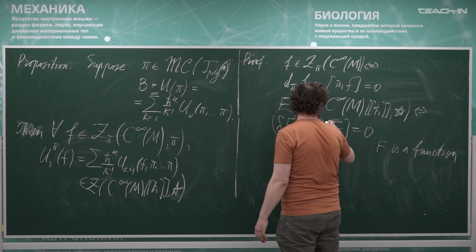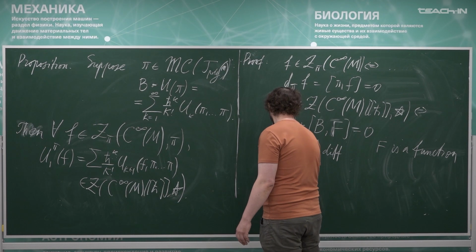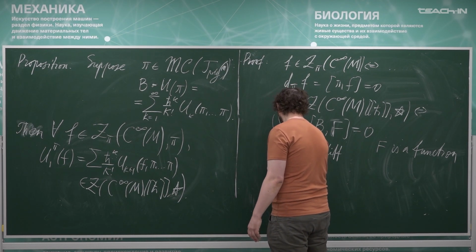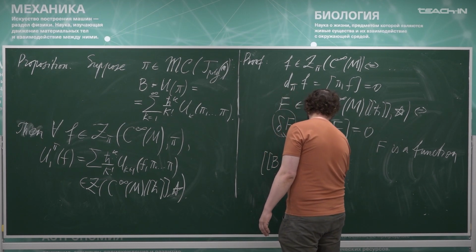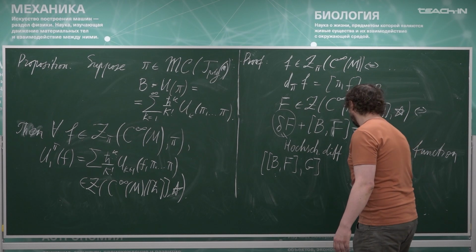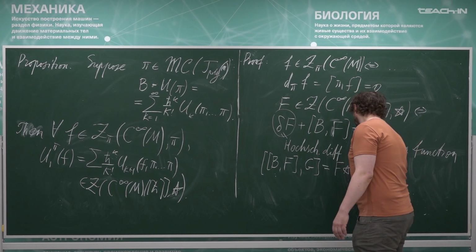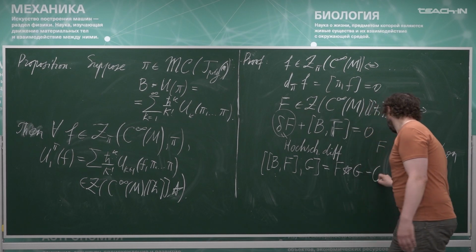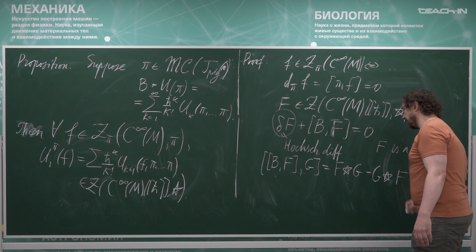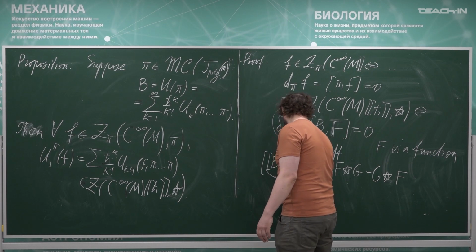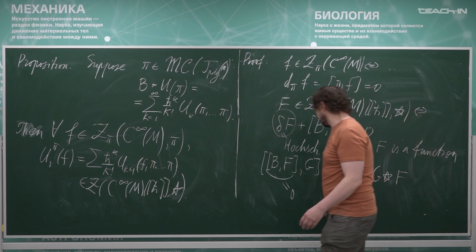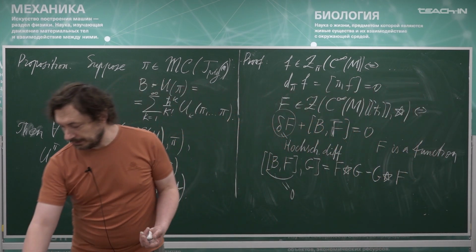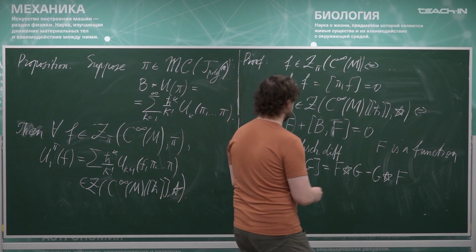And just look at the second term, and then this is precisely the condition that the bracket of B, F comma G vanishes, but this is equal to F star G minus G star F. So if this vanishes, then this vanishes for all G, right? And vice versa. So this is a very straightforward observation.